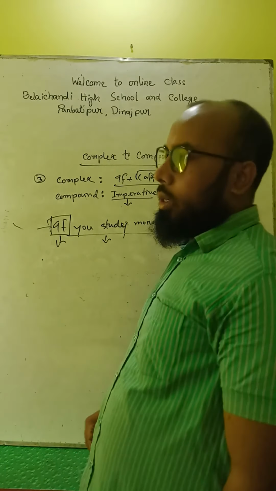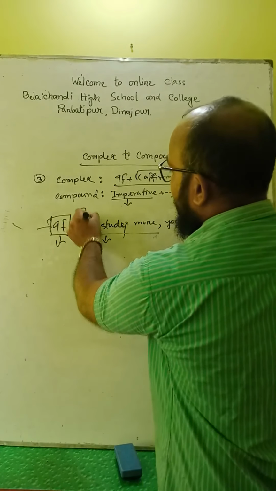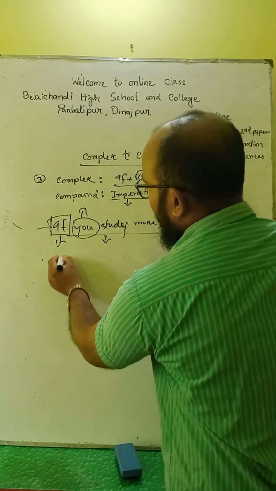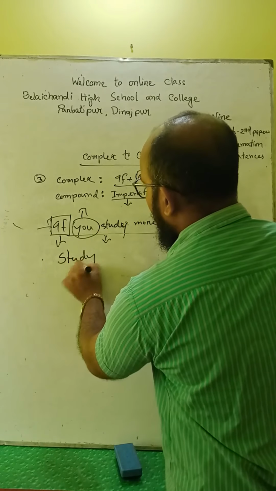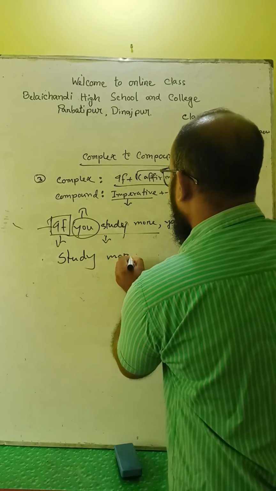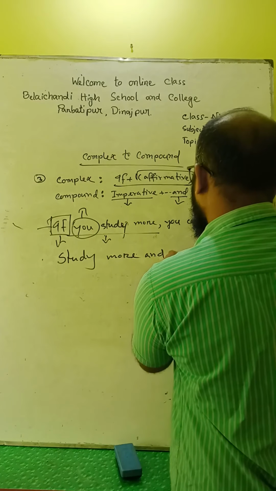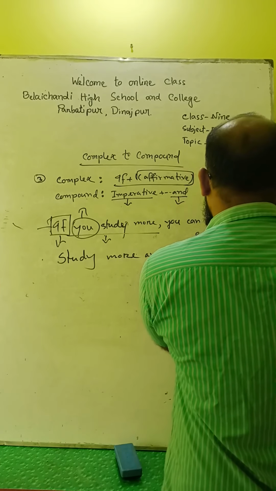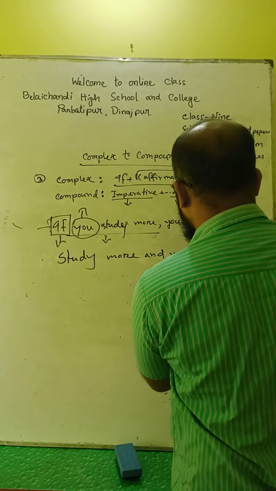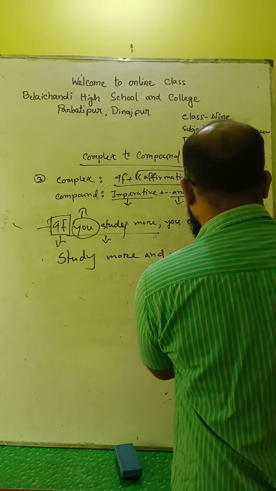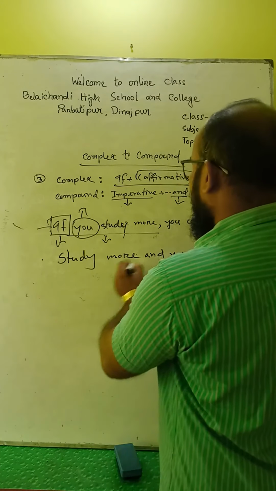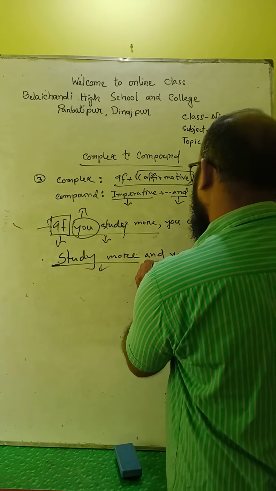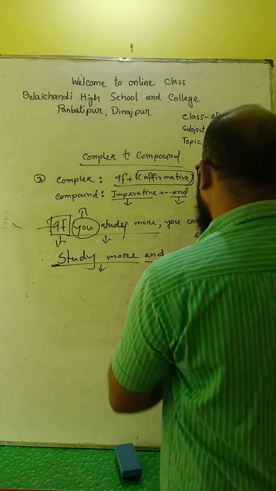We know imperative sentence when subject is second person, imperative sentence begins with verb, and so we have to start with verb. Study more and you can pass in the examination. Here we make it imperative sentence, and then we have to use and as connector.